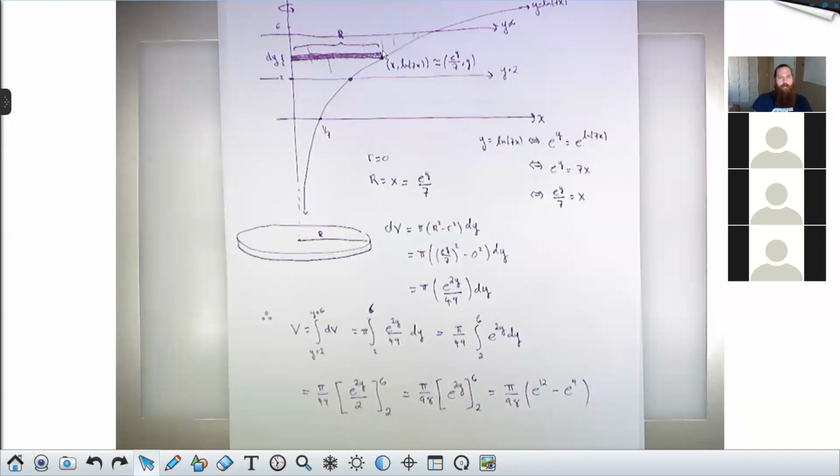One nice way to get away from that trap is to always draw your strip somewhere in the middle of your region rather than out at the edge. Okay, so other questions on this? I don't want to move away too fast.